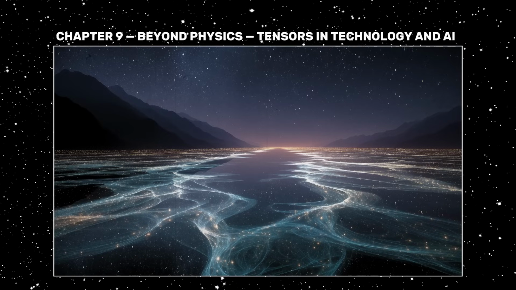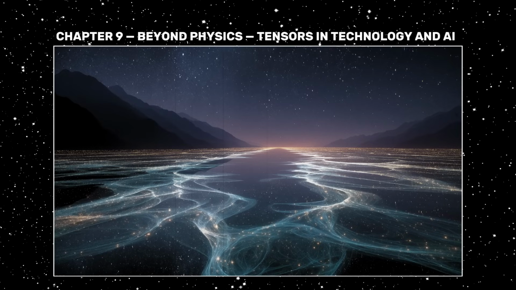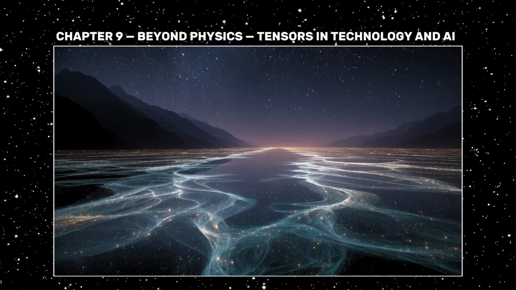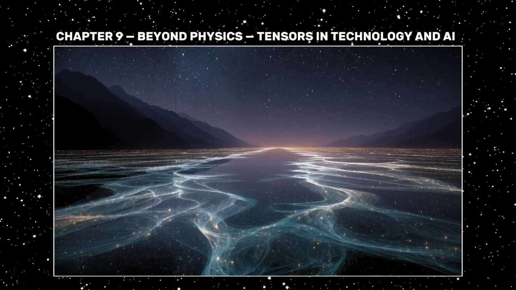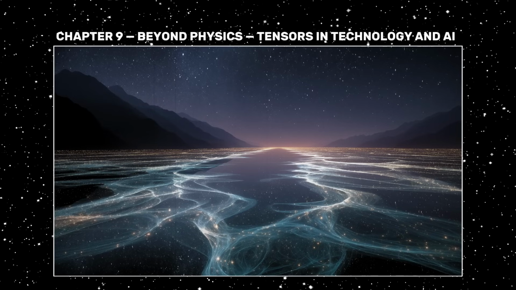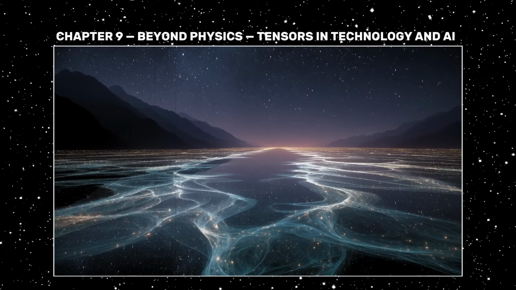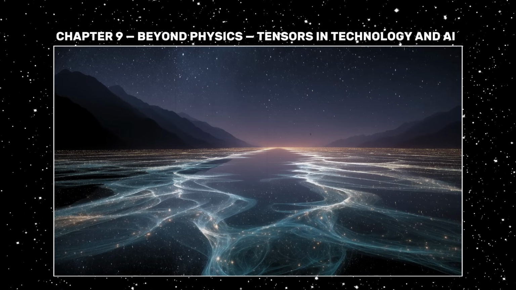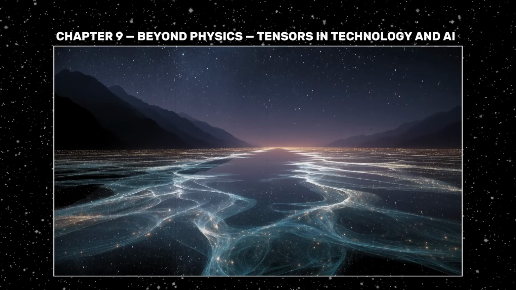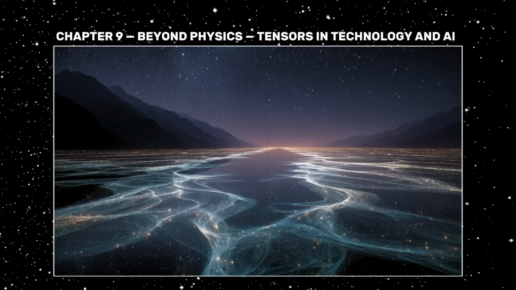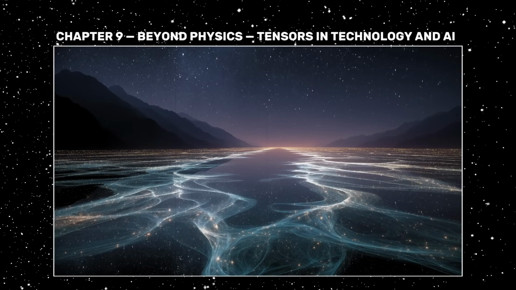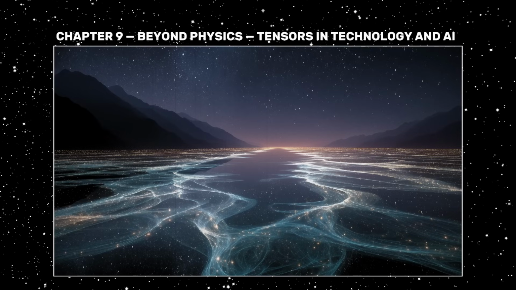The connection between physics and AI is not merely metaphorical. Techniques developed in physics for handling tensors have found direct application in computation. In condensed matter physics, tensor network methods approximate the states of many-body systems by structuring entanglement efficiently.